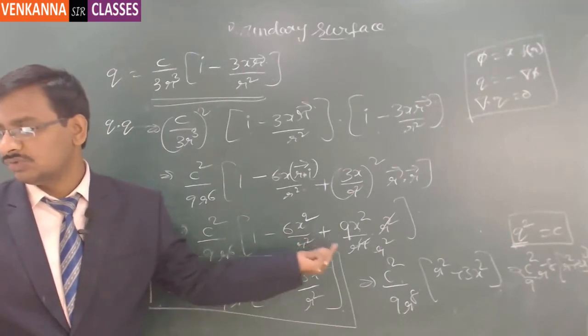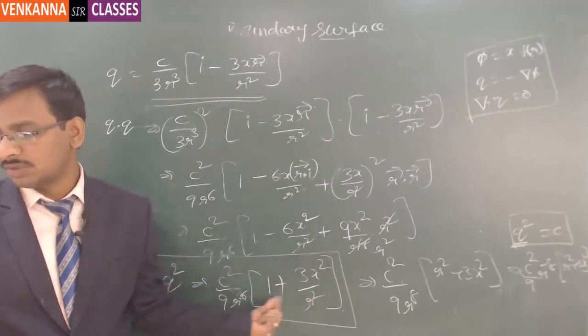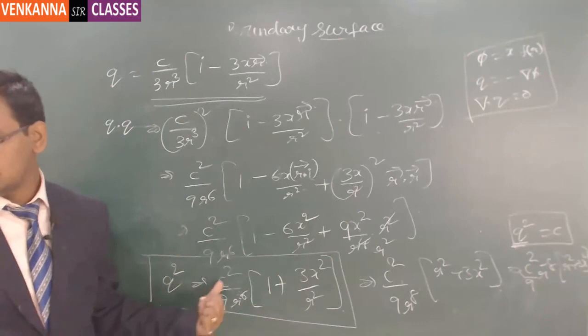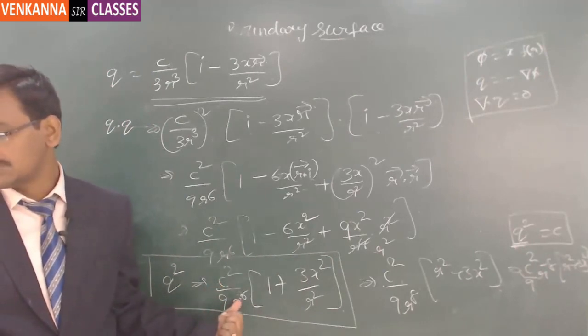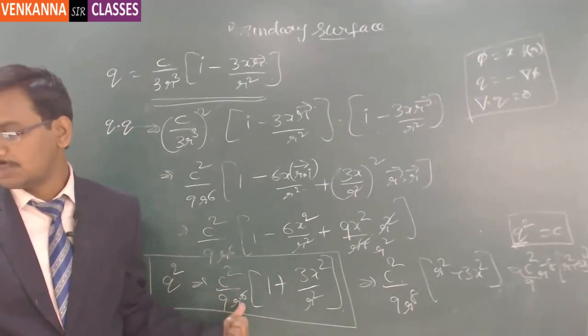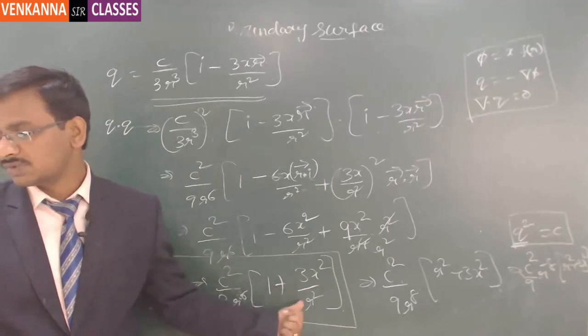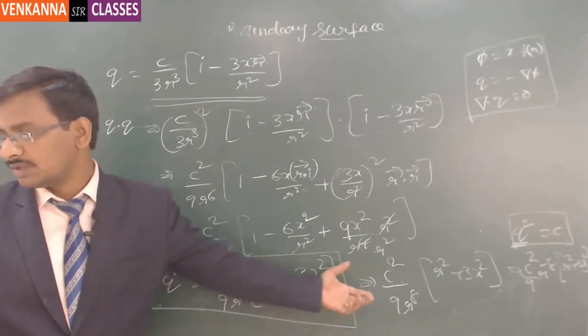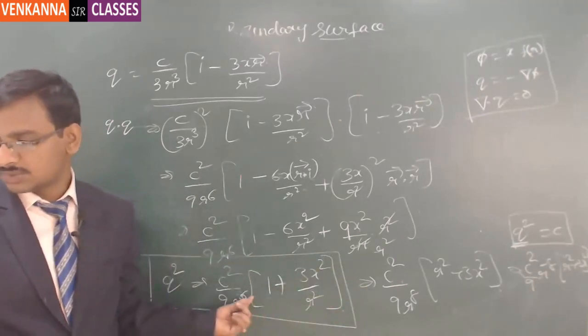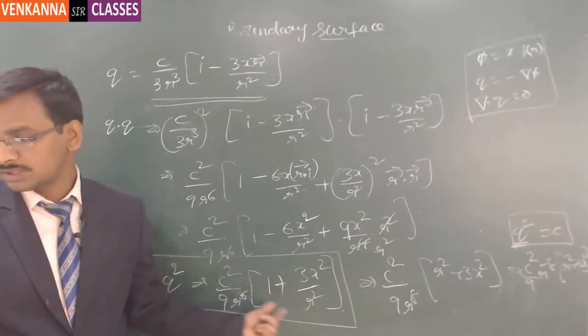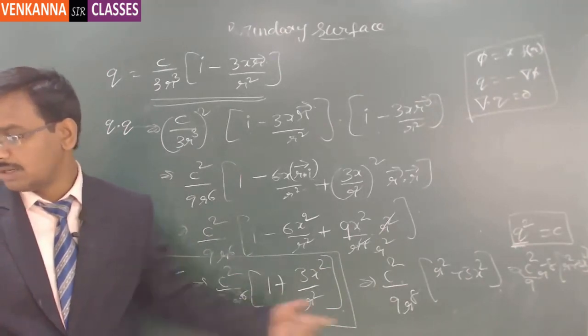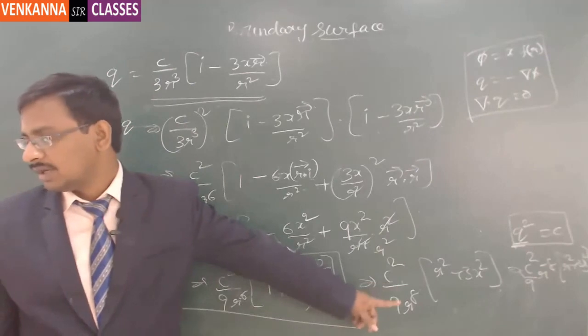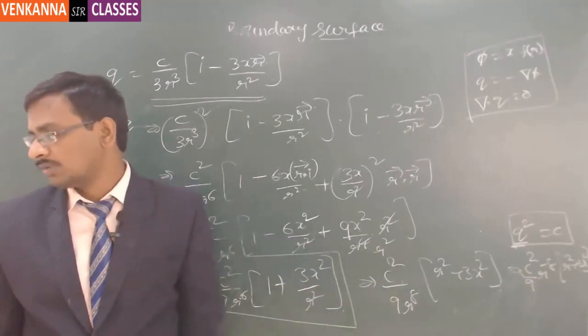The sum of these two will be 3x square by r square. So q square is equal to c square by 9 into r power 6, 1 plus 3x square by r square. And this you can further simplify by taking r square out. So r square plus 3x square divided by 9 into r power 8 I have taken out, and this I have written in the numerator as r power minus 8.